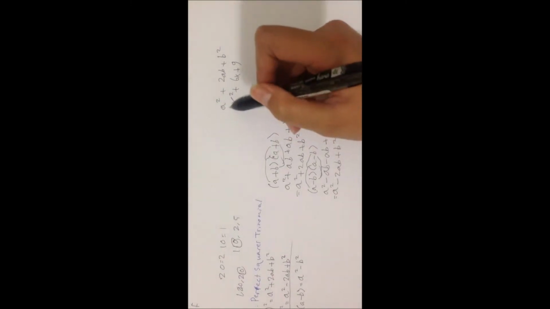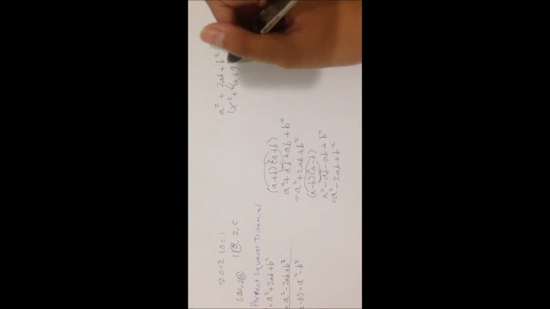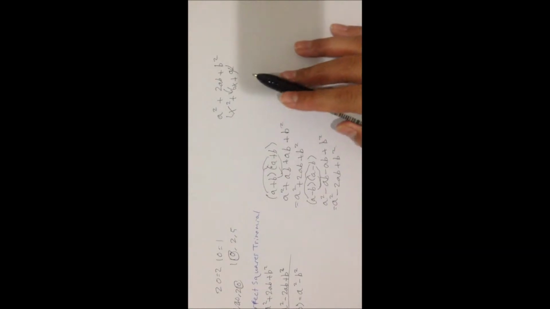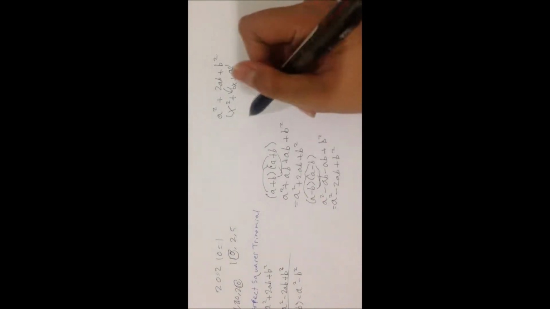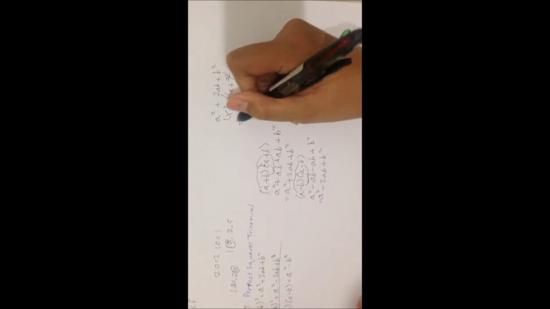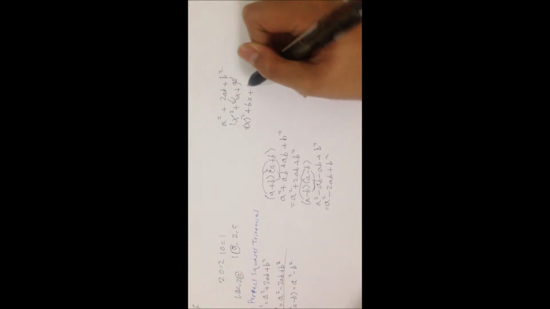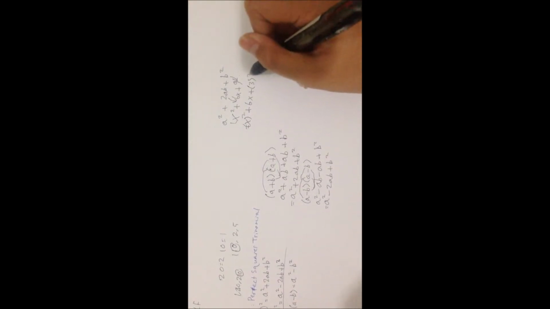So the x is a, the 2ab is 6x, and b is 9. But in an equation like this, usually the b is already squared. So when you write it, it could be x, and then you put brackets whole squared plus 6x plus 3 squared.